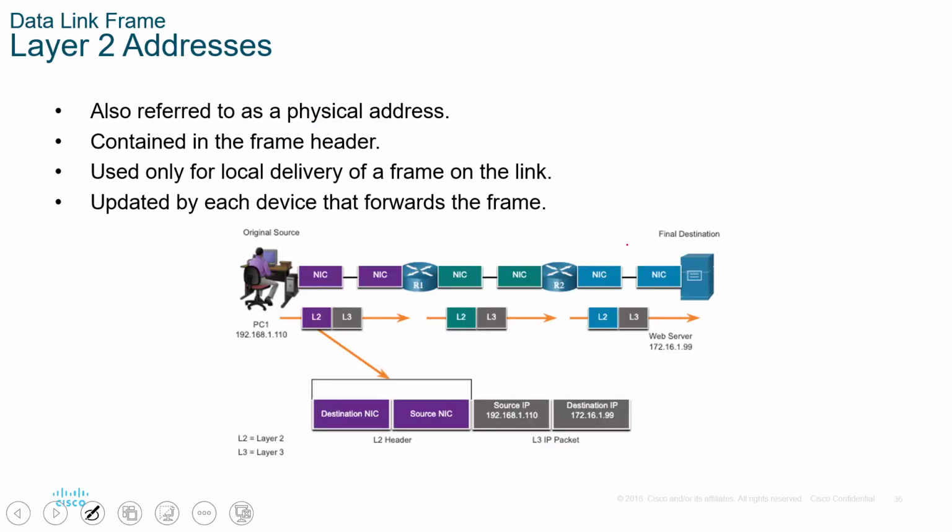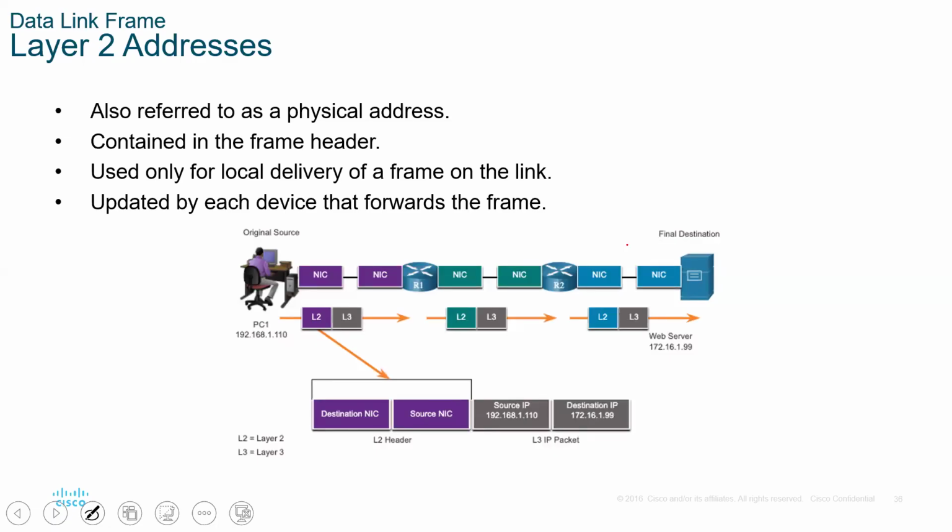So how does layer 2 do its addressing? Layer 2 is also referred to as the physical address, which is the MAC address, and it is contained in the frame header. It is used only for local delivery of a frame on the link and is updated by each device as it forwards the frame.